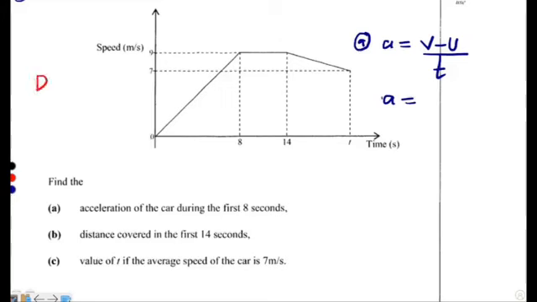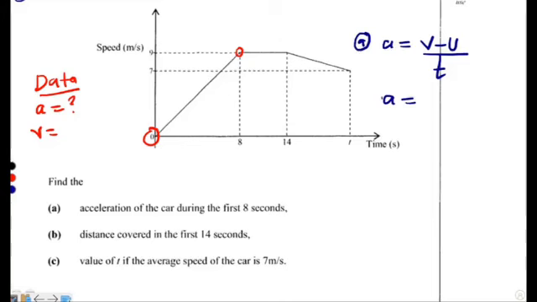In our data, we should have something like this. Acceleration is what we want. Then final velocity. When the car starts accelerating here, at 0 seconds, it is accelerating up to this point.